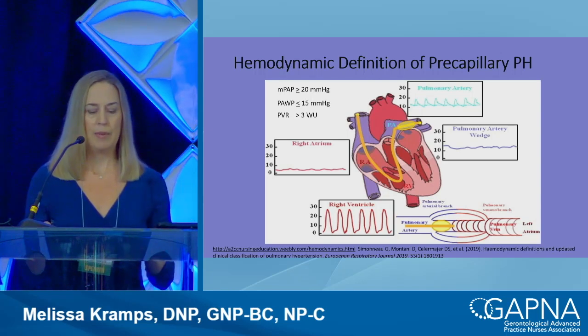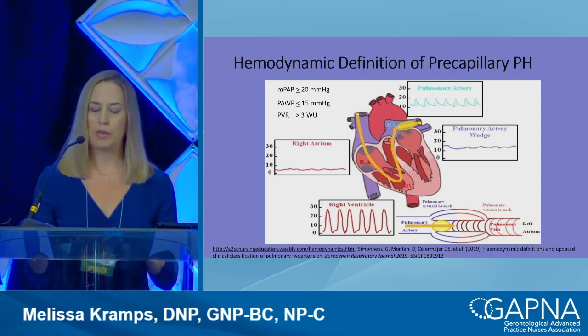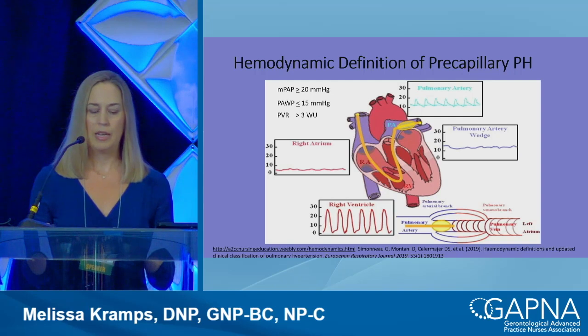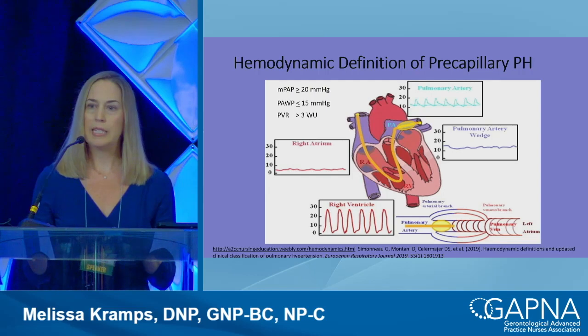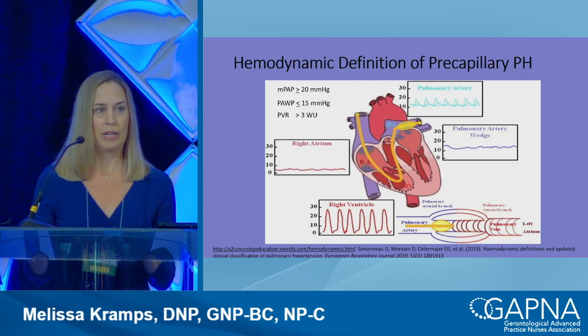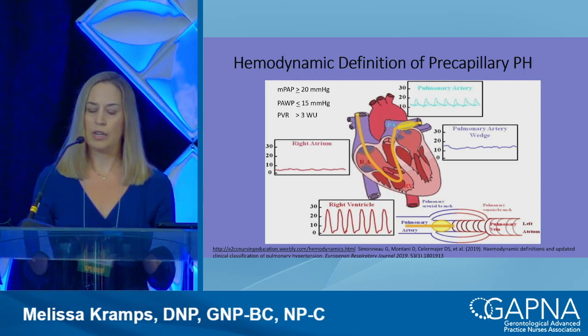The hemodynamic definition of precapillary pulmonary hypertension is a mean pulmonary artery pressure at rest greater than or equal to 20 millimeters of mercury in the presence of a pulmonary artery wedge pressure less than or equal to 15 millimeters of mercury. These measurements can only be taken accurately during a right heart catheterization.